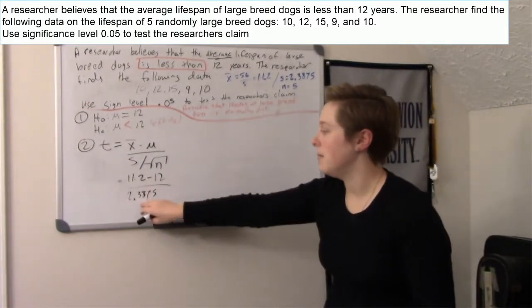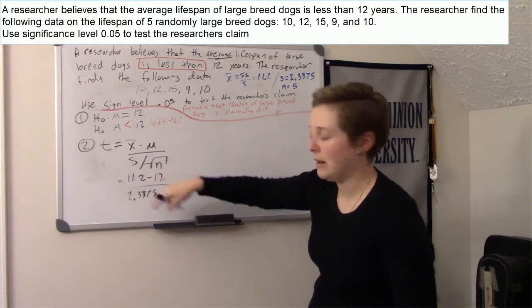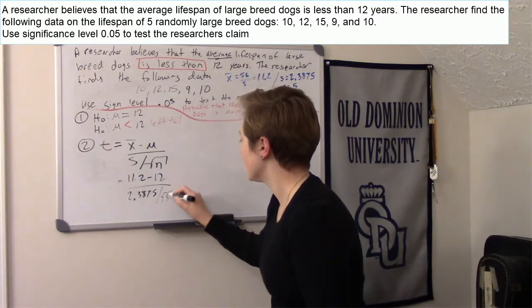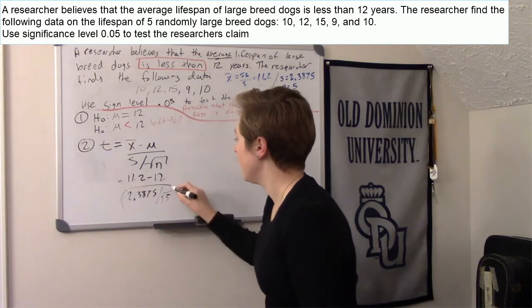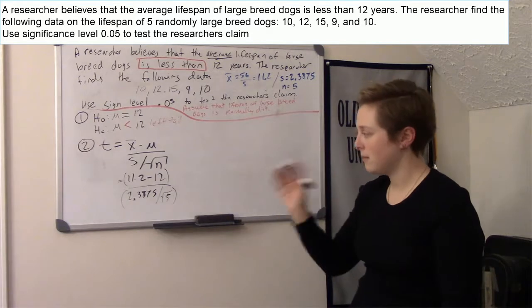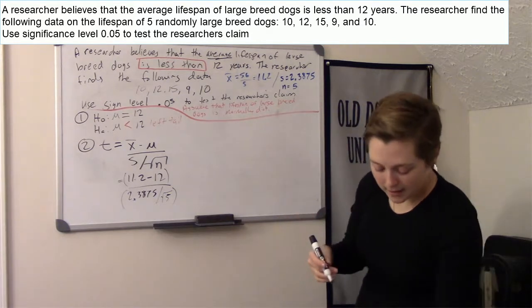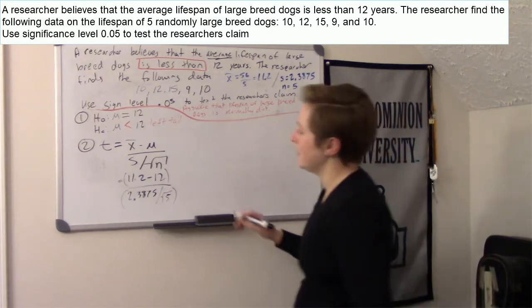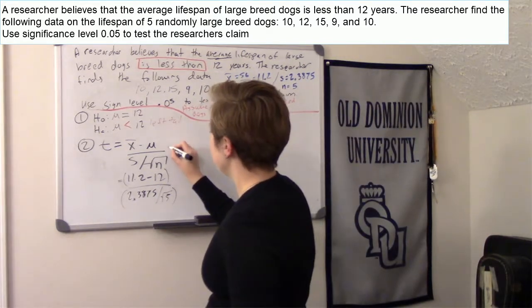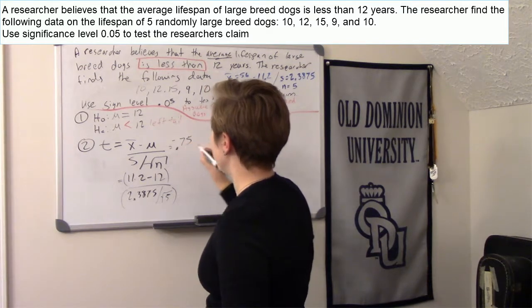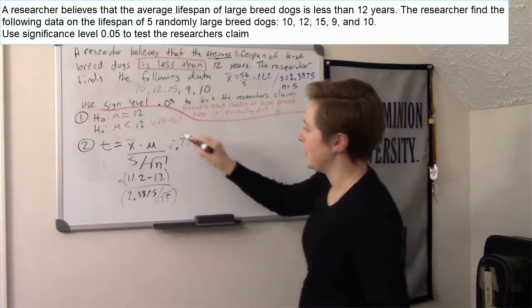So you want to make sure you don't round too much in intermediate steps. Over square root of 5. If you're plugging into your calculator, make sure you have the numerator and denominator in parentheses. Plug it in, figure out what it is. I got negative 0.75. Okay, that's what I got. Negative 0.75.